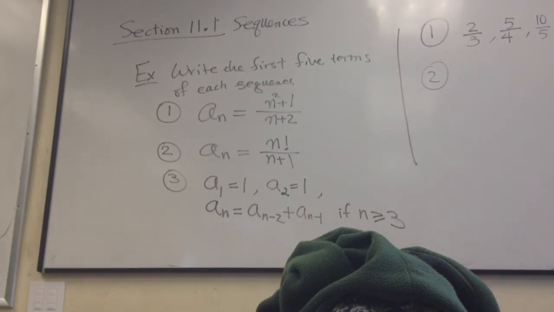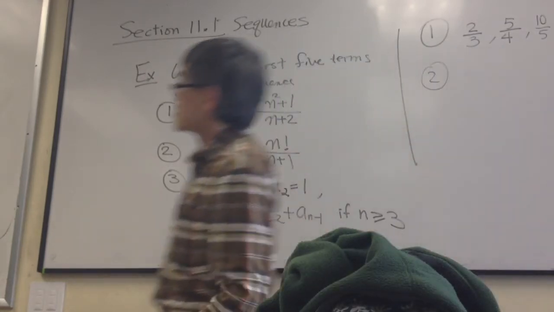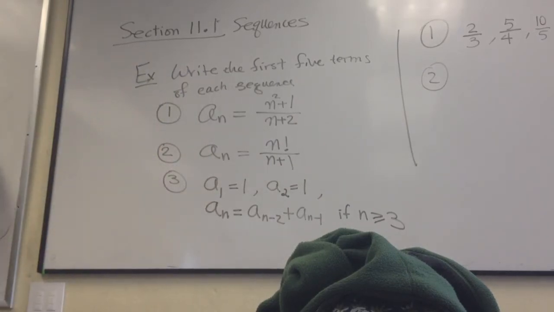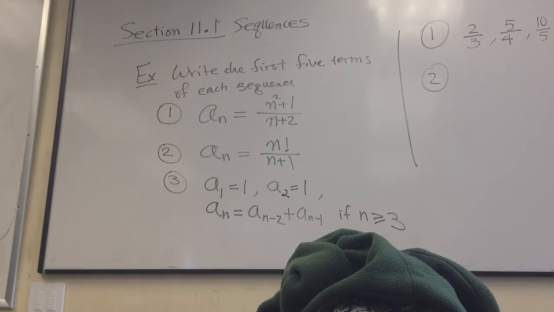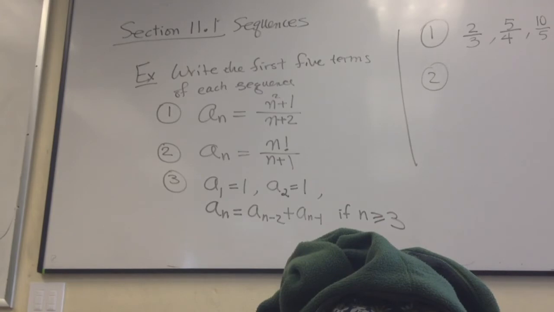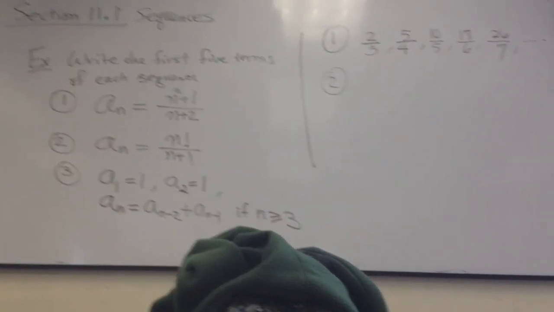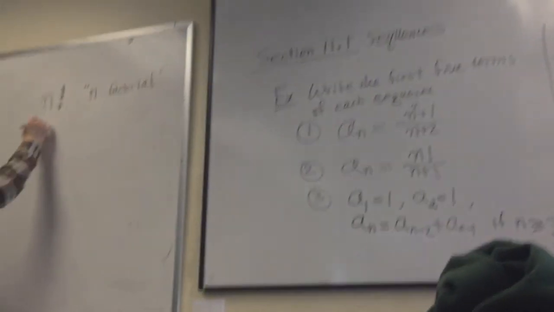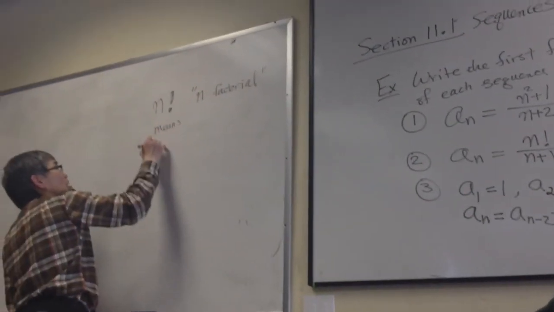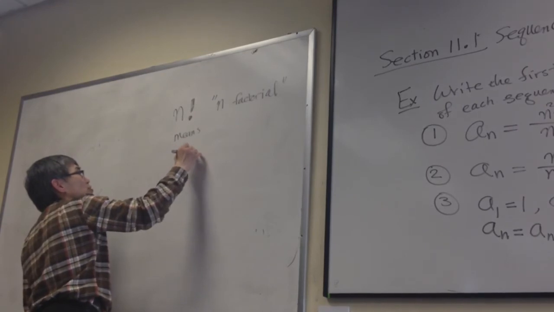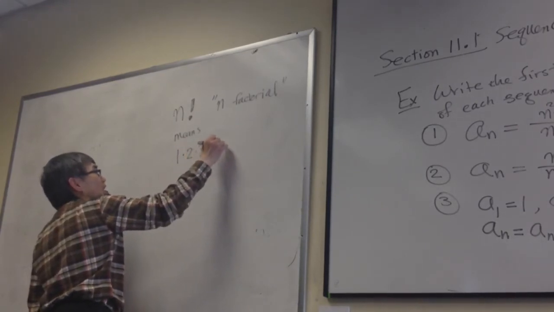The second example shouldn't be hard either. Let me put it over here, just to remind you: n with an exclamation symbol, and that's called n factorial. This means 1 times 2 times 3 times dot, dot, dot times n.